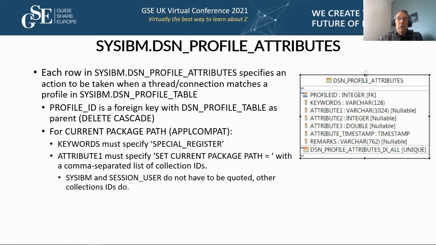So you can see that's quite a large varchar string, so you can fit everything you need in there, or should be able to. It's 1K long. And if you're specifying that string of collection IDs, the strings SYSIBM and SESSION USER don't have to be quoted, in fact you shouldn't quote them, but any other collection IDs do have to be quoted in that set current package path string.